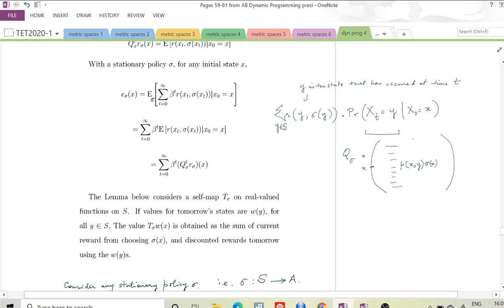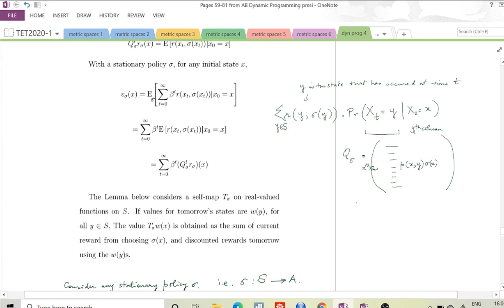Okay, so if this is the xth row and this is the yth column, that is the probability entry here. So this is my Q sigma matrix. And so this is the probability that the state will be y tomorrow, let's say at time t equals 1, if the state is x at time t equals 0.